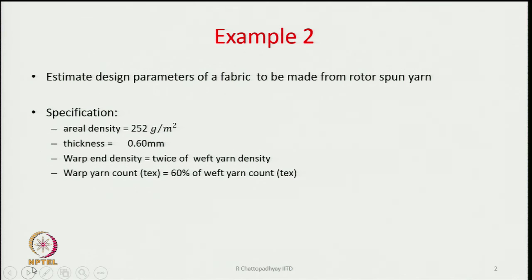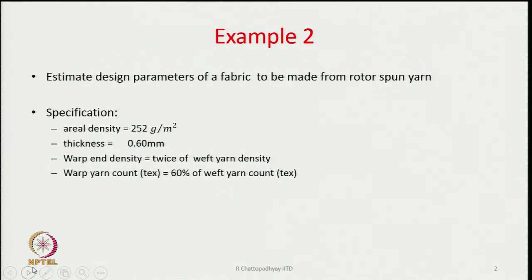Warp end density should be twice the weft yarn density. So, whatever the weft yarn density is, warp density should be twice that, or vice versa. If the warp yarn density is x, the weft yarn density should be x by 2. And warp yarn count is 60% of weft yarn count.